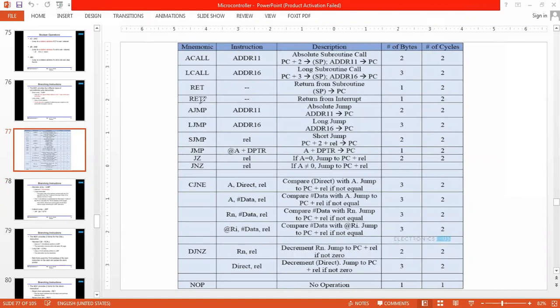So here what we have seen: LJMP, and we have to write the address. Then SJMP, the relative address. Short jump, long jump.